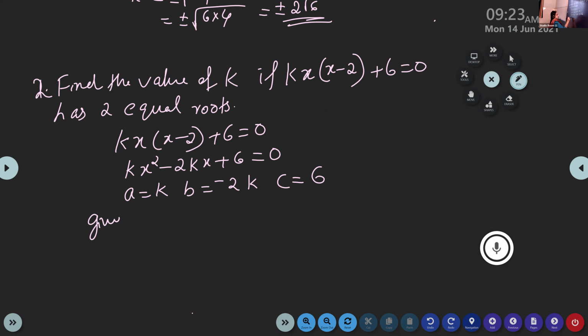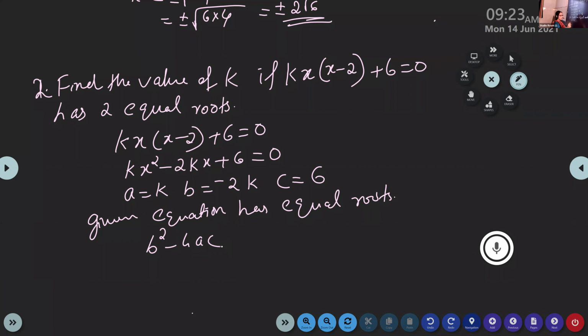Given that the equation has equal roots, that is b square minus 4ac equal to 0. For equal roots, b square minus 4ac equal to 0.